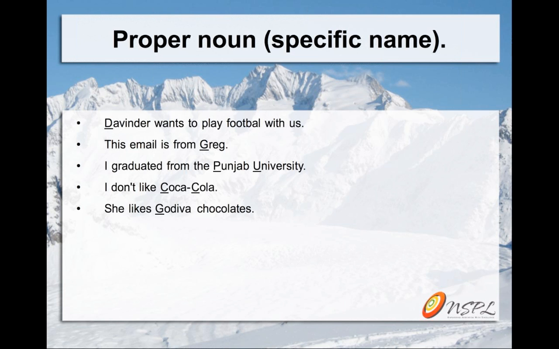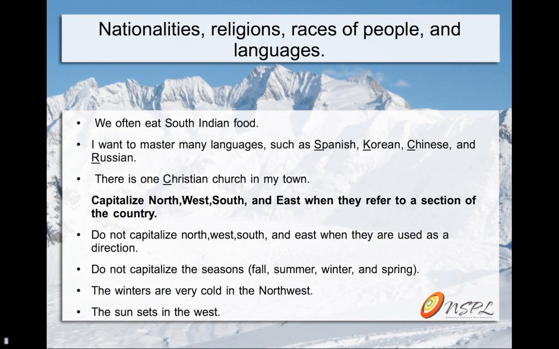She likes Godiva chocolates. So Godiva is again a brand. It's a name. It's a noun. Okay. So this is the reason we are using capital letters for specific names. Then I will explain a few examples regarding nationalities, religions, races of people and languages.